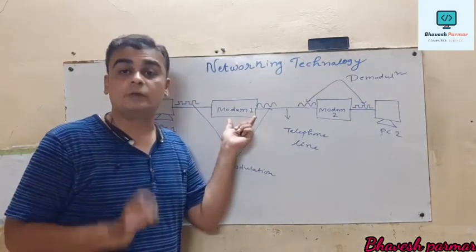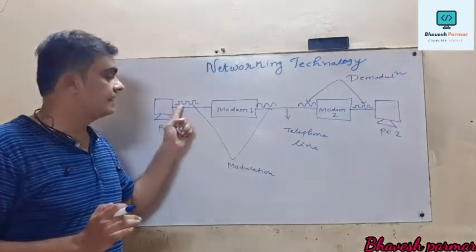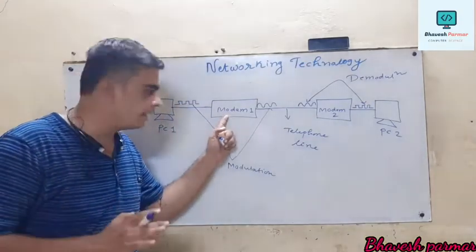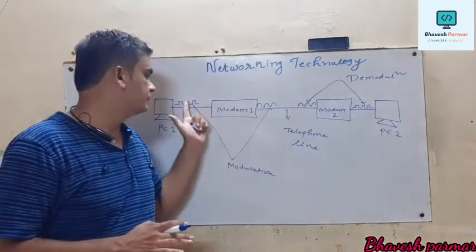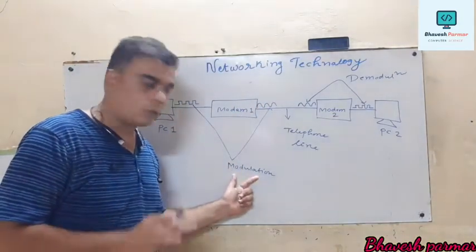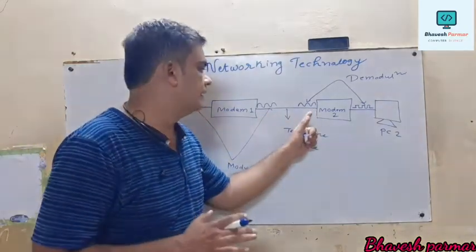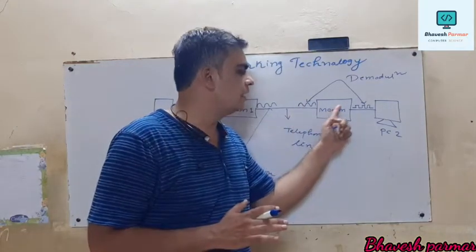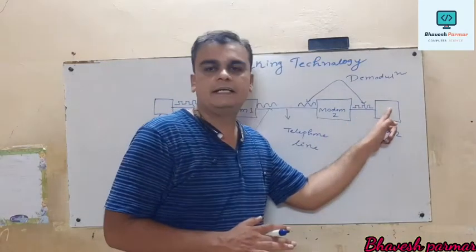Modulator performs the modulation process. Means what, guys? Computer 1 transmits the signal in which form? Digital form. This digital signal is received by this modem and converted into analog form. This conversion process from digital signal to analog signal is called modulation, and this analog signal is transferred to the telephone line wire, then modem 2 receives this analog signal, reconverts it into digital signal, and sends it to PC 2.